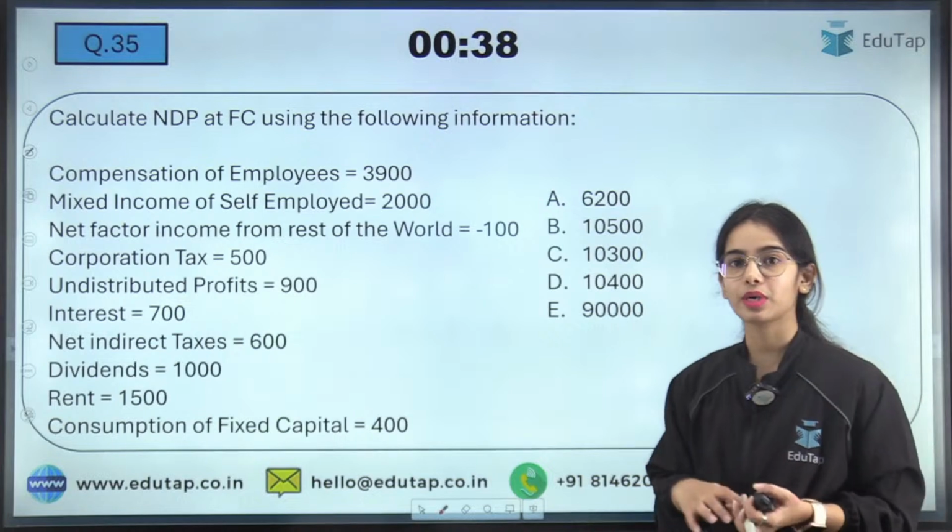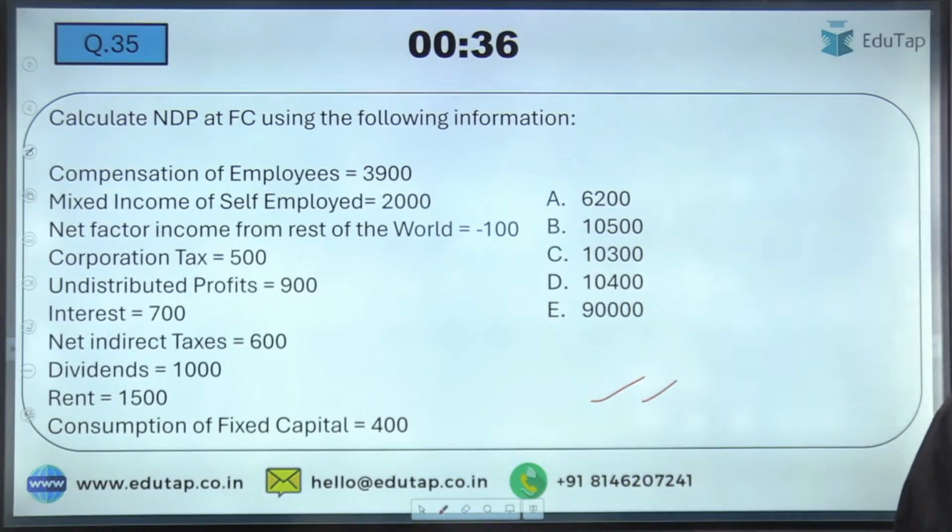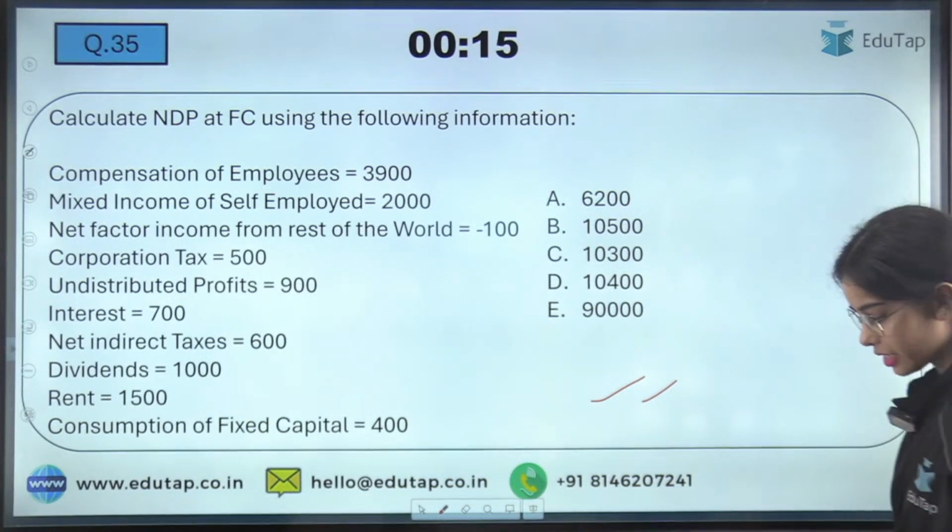Coming to the next question, try to answer this question now. Basically, here you have to calculate the NDP at FC.